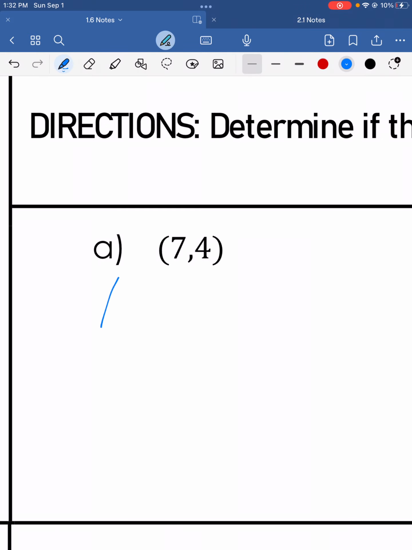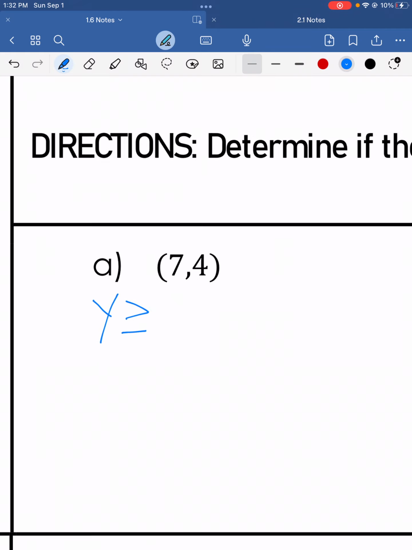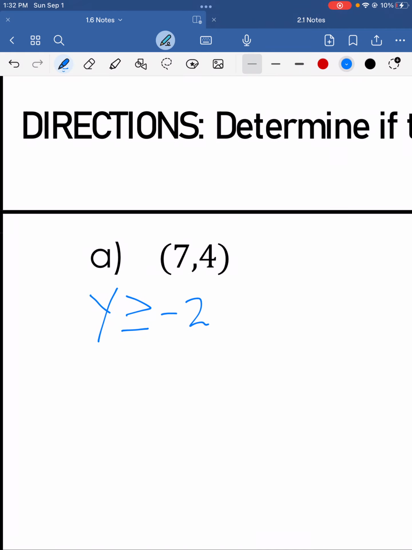So we have y is greater than or equal to negative 2x plus 9. And remember, a coordinate goes x comma y. So we're going to now plug in our x and our y. So our y is 4, so this is going to be 4 greater than or equal to negative 2 times our x, which is 7.